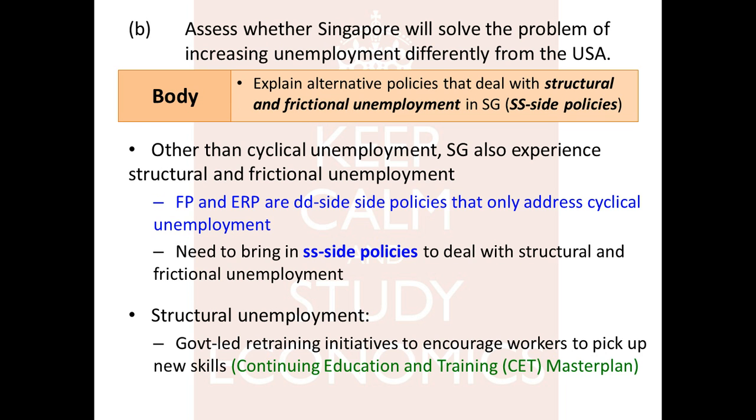Basically, you have retraining initiatives. Okay, you retrain the workers. You can also give firms incentives to get them to retrain the workers. So not just the government-led initiatives to retrain workers, but you also give the firms extra benefit for them to retrain their workers.